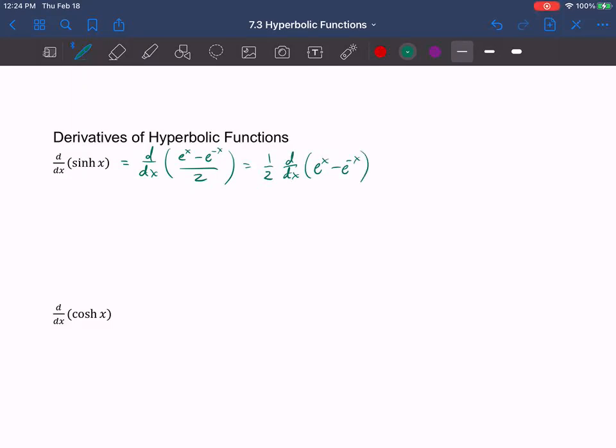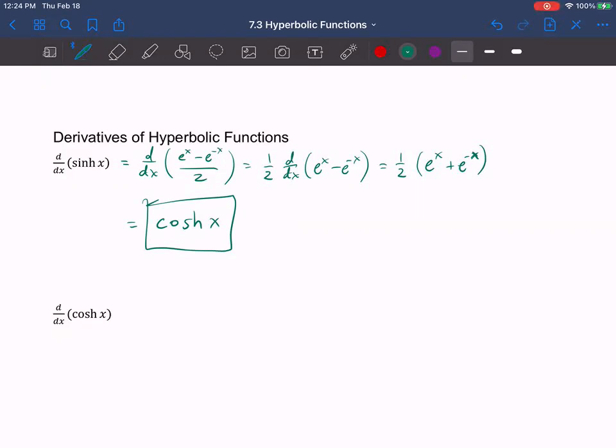What's the derivative of e to the x? Good. What's the derivative of negative e to the negative x? There you go. And so what's 1/2 of e to the x plus e to the negative x? Cool, huh? Derivative of sine is cosine. Derivative of sinh is cosh.